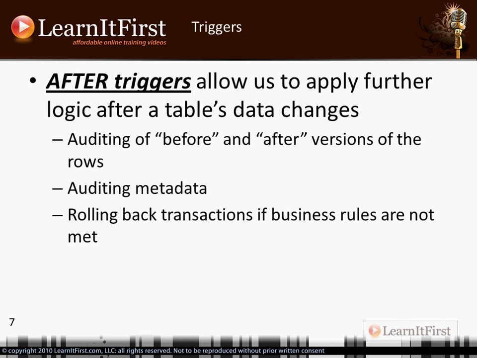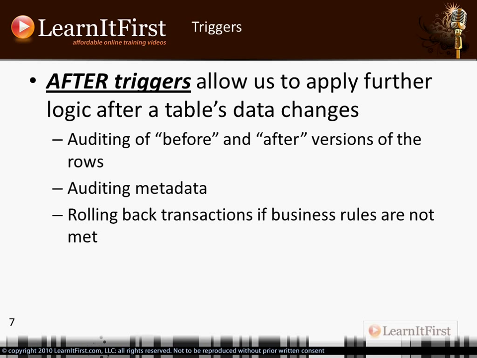In other words, if I know that there's something that's going to prevent a database change from occurring, I would rather prevent that change from occurring in the first place with an instead of trigger, rather than let the change get made and then look at the change to decide it should not have been made and roll it back. So remember, after trigger timing, the change has already been made. If you roll back, that might be a large transaction, requiring a lot of work.